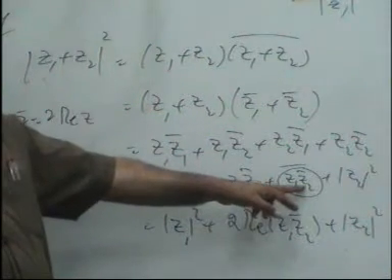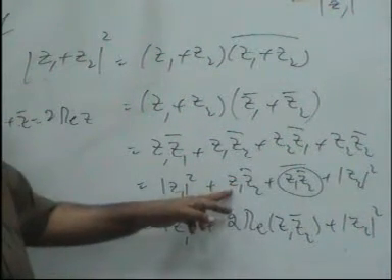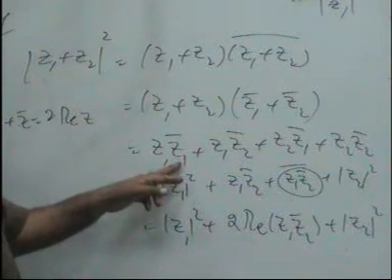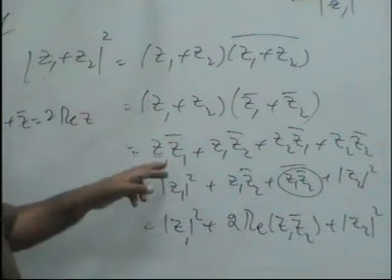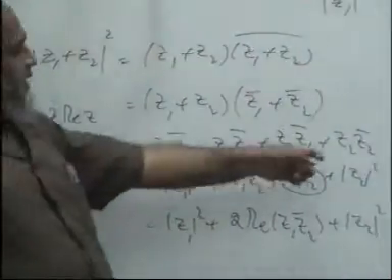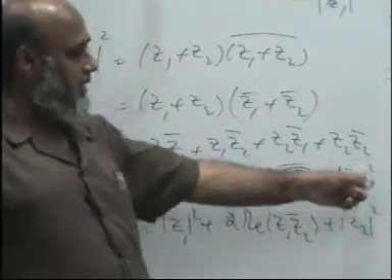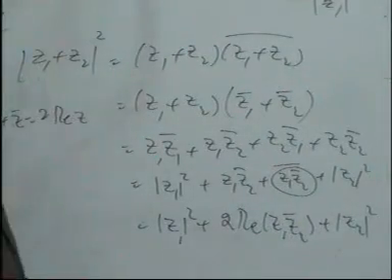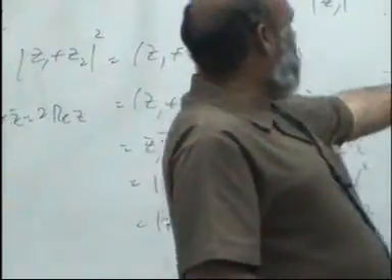And z1 into z1 conjugate, by this definition, is z1 mod square. Similarly, z2 into z2 conjugate, by this definition, we can write in this way. Again we can use this over here.